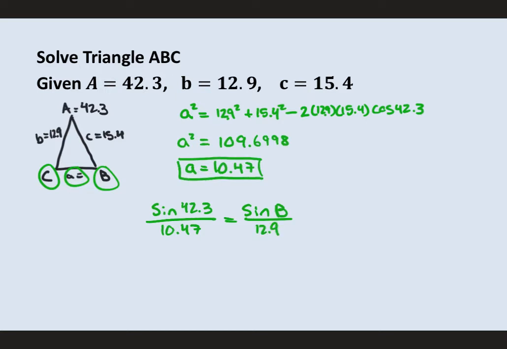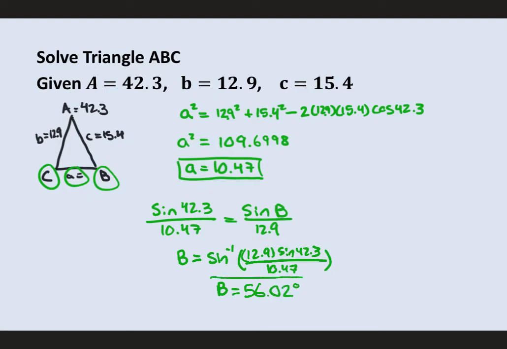I'll go ahead and cross multiply and take the inverse sine, and I get that big B equals the inverse sine of 12.9 times the sine of 42.3 divided by 10.47. So there's a little bit of math that went on there. But when we plug that into our calculator, we get that big B equals 56.02 degrees. All right, we've now found angle big B.